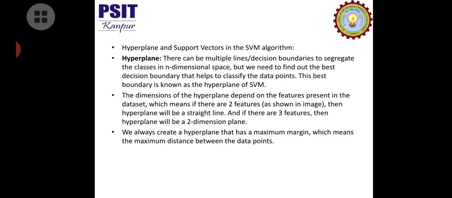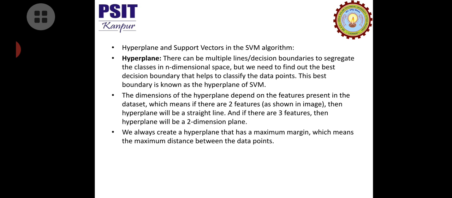So students, we have more than one line or decision boundary for the segregation of classes, but the main point is to find the best decision line for the segregation of the two classes. That line is known as the hyperplane.